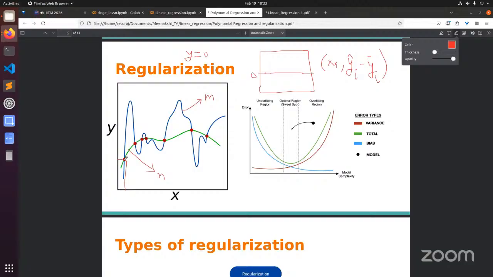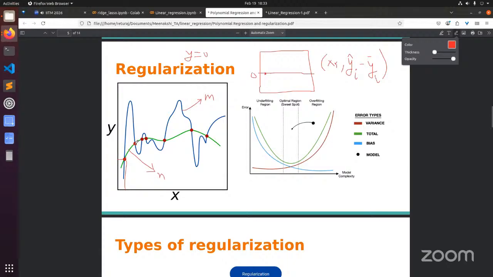Everyone can see? For both blue and green, the error for this point is equal to 0 because the prediction and the true value match exactly, right? And similarly for this green data point, both the blue and the green prediction match.